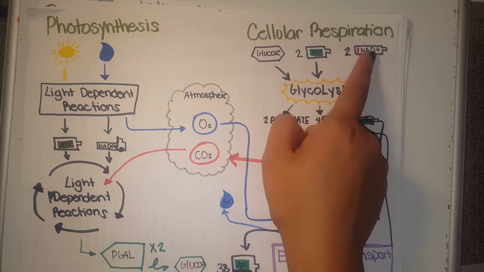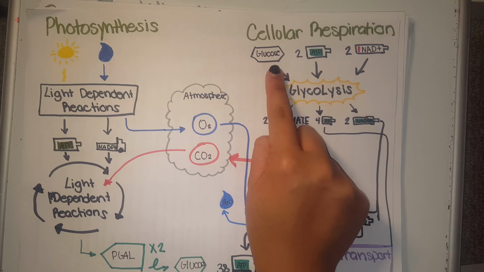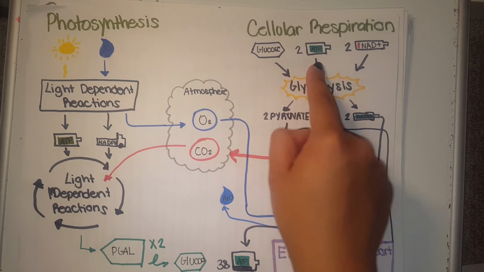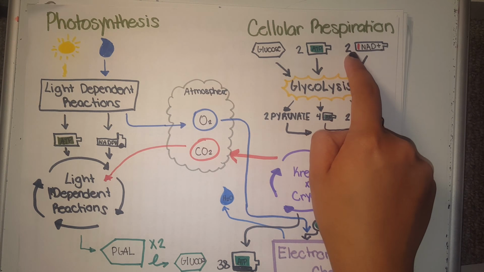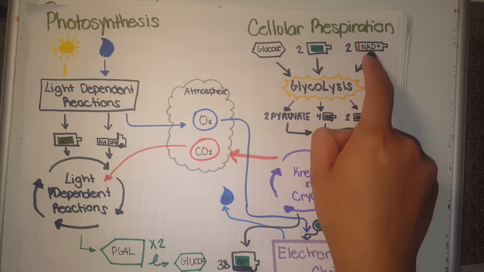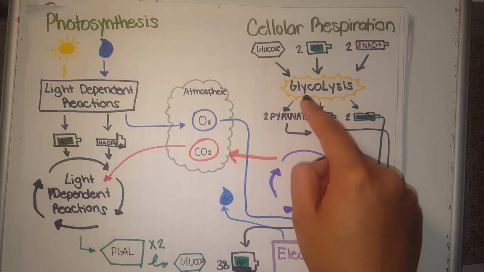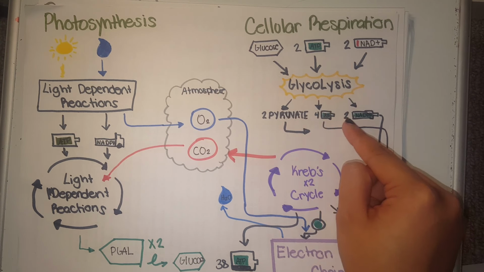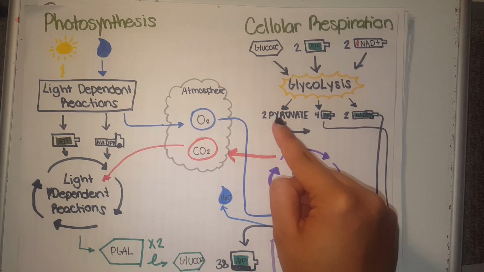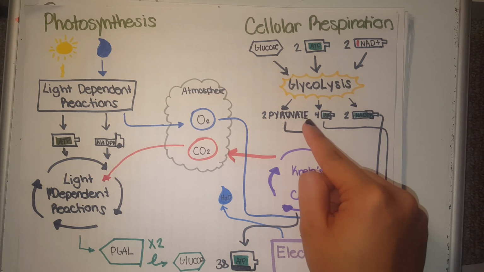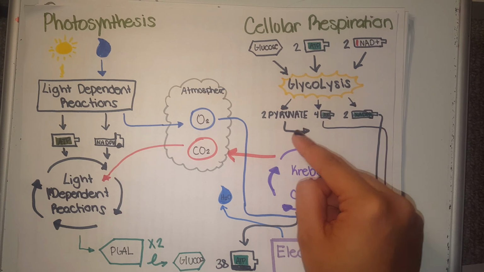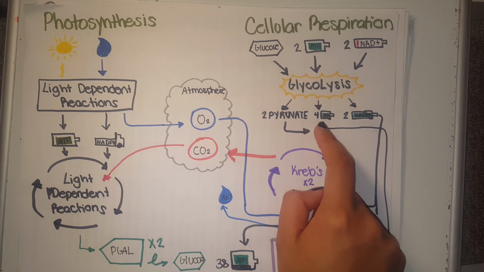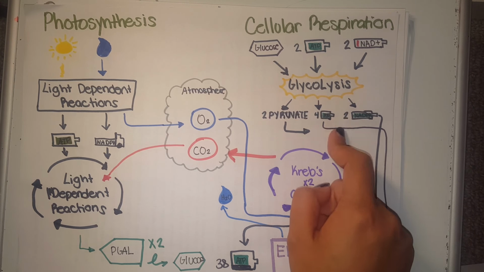Then let's start with cellular respiration. We see the glucose here, and the 2 ATP and the 2 NAD plus get inside the glycolysis, where it produces 4 ATP, 2 NADH and 2 pyruvate, where the pyruvate gets transferred to the same place as the ATP and NADH.